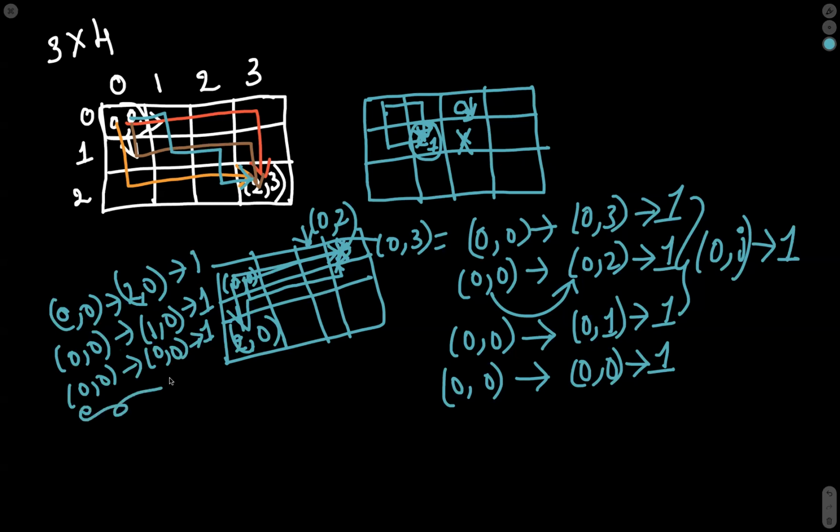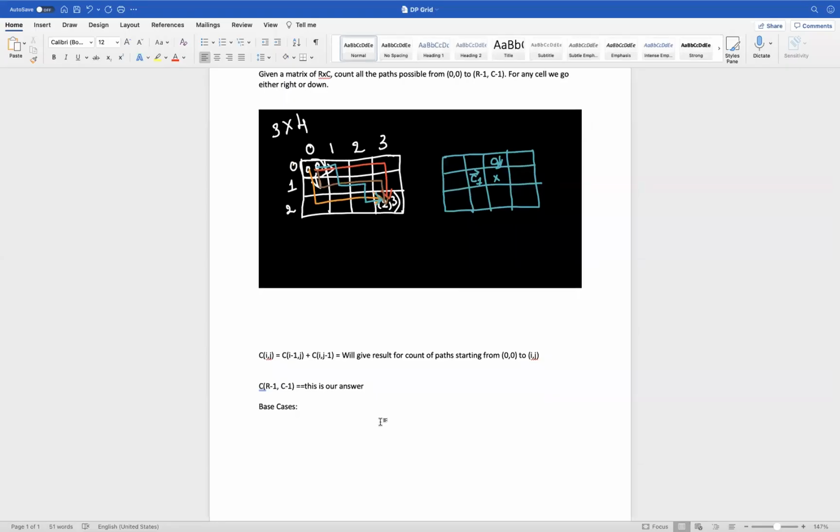So we can say that no matter what i is, if j is 0, then the total number of paths should be 1. This is one thing I can visualize. Based on that, the base cases would be: the count of i comma 0 is 1, and if we are at the 0th row, no matter what j is, the count is 1.